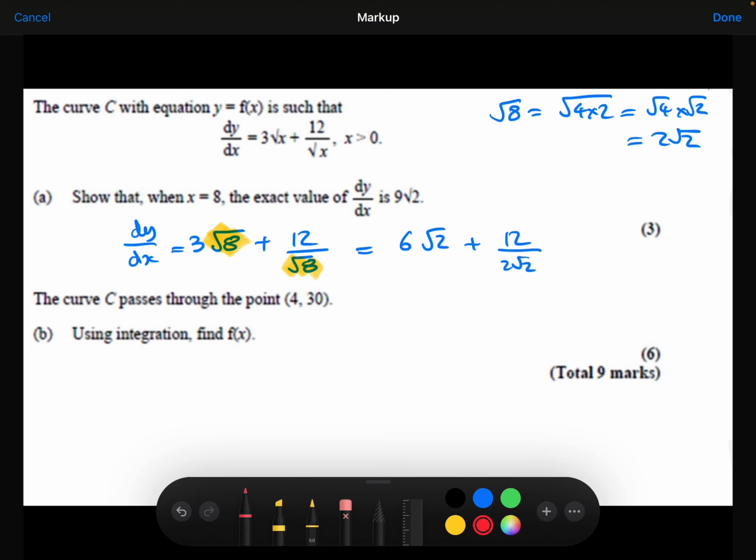Now notice here the 12 divided by 2 will just simplify to be 6. So we get 6 over root 2. I'm now just going to rationalise this second term here.